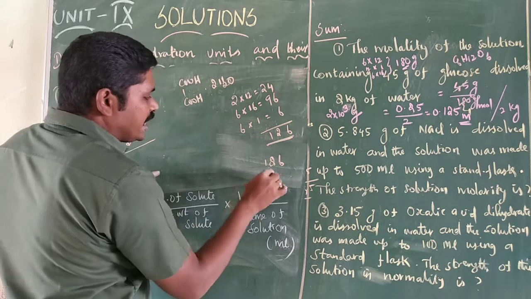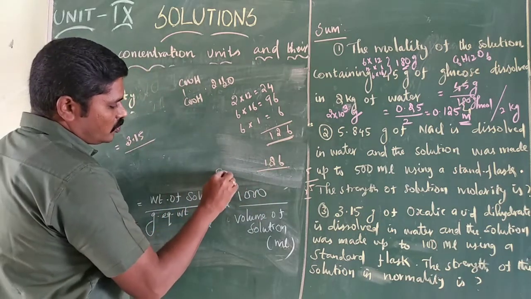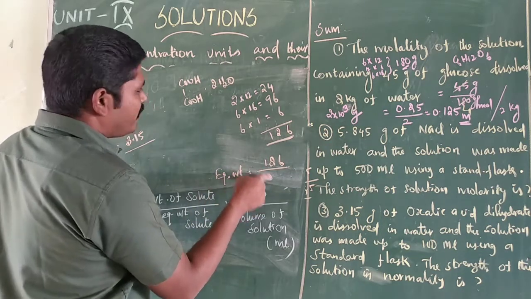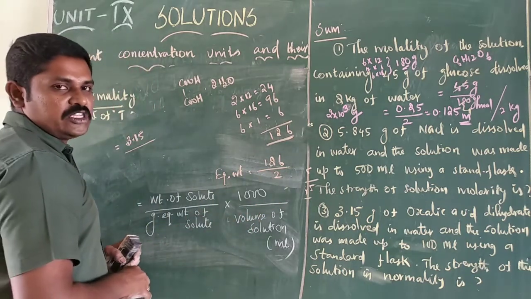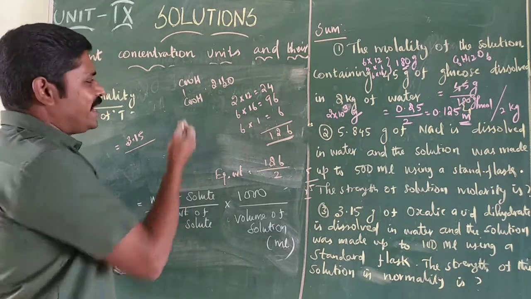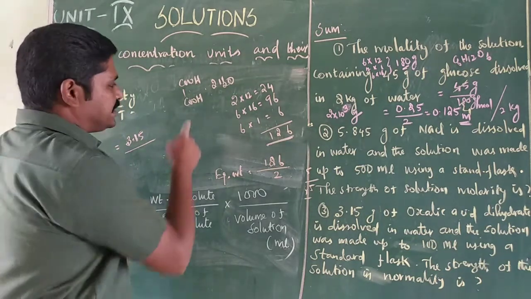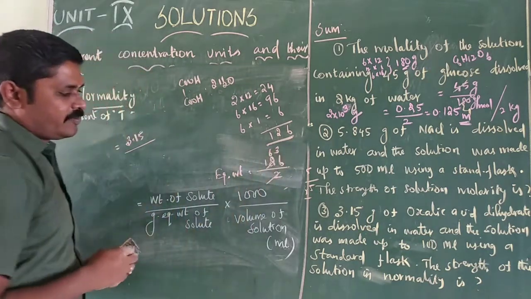So the equivalent weight of oxalic acid dihydrate is equal to molecular weight divided by valency 2. The solution presents 2 H plus ions, so valency is 2. Oxalic acid is a dibasic acid, so basicity is 2. So 126 by 2 is 63.